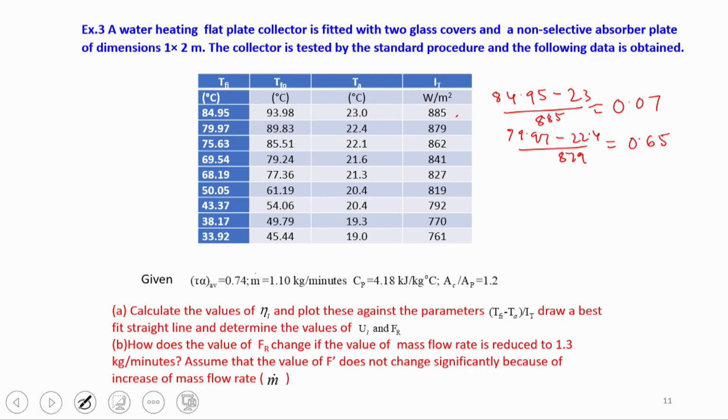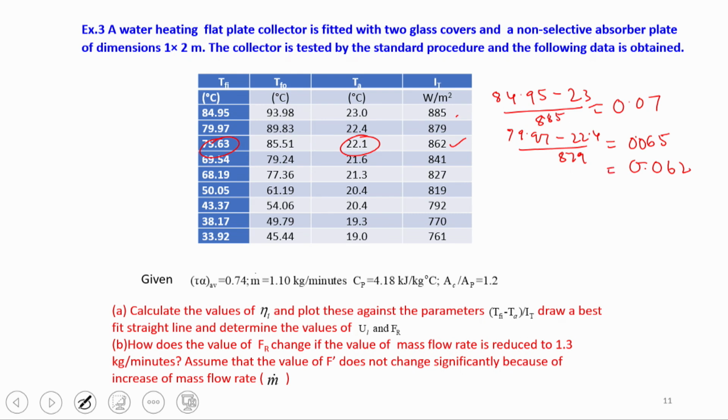Why so much variation? Then this minus this divided by this, how much? 0.062. This is 0.065, the second one. Yeah.